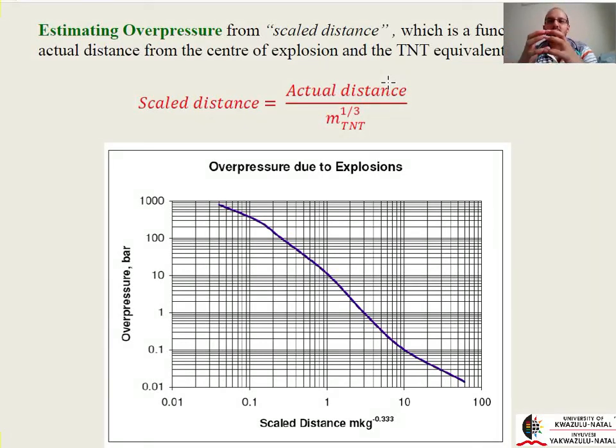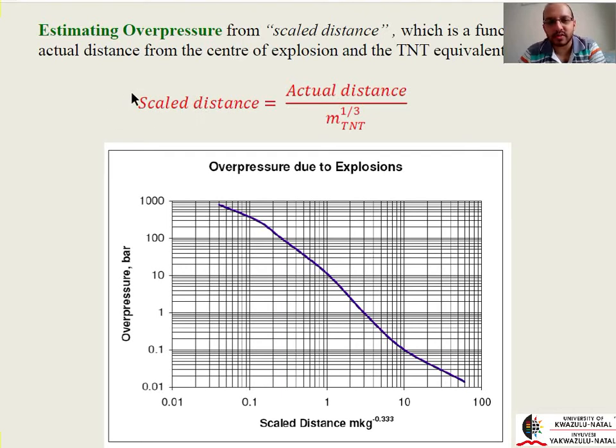Remember that if you have an explosion, the force or the pressure of that explosion is highest the closer you are to the explosive. As you go further and further away, the pressure wave essentially disperses as it goes to your actual point in question. So we can use TNT equivalents to estimate overpressure from any distance.